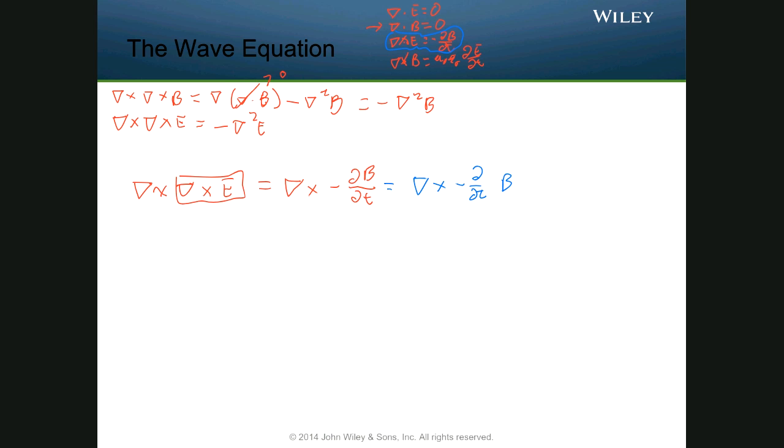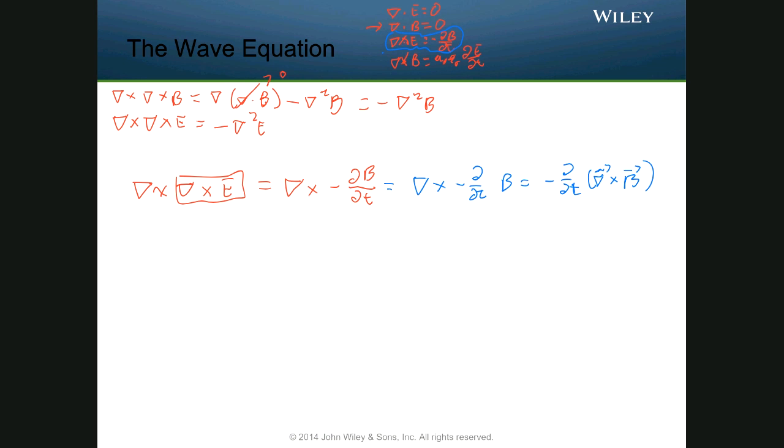It looks complicated, but it's really not, because we know from the properties of cross products that we can factor out the minus d/dt, and write this as minus d/dt of del cross B. So not hard at all. Then for del cross B, we can look up here and use our fourth Maxwell free space differential form equation, and replace it on the other side.